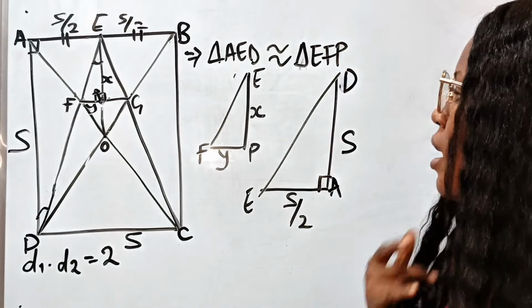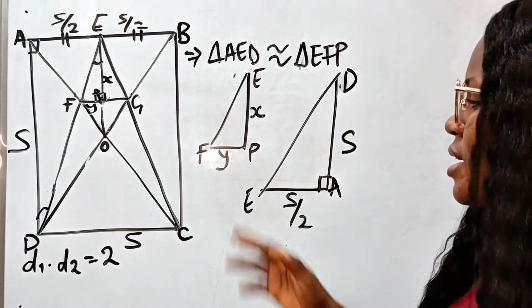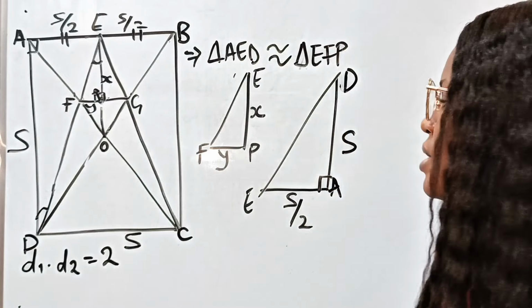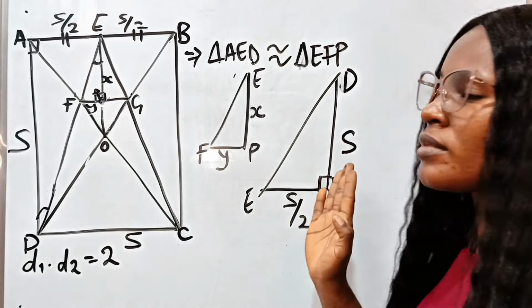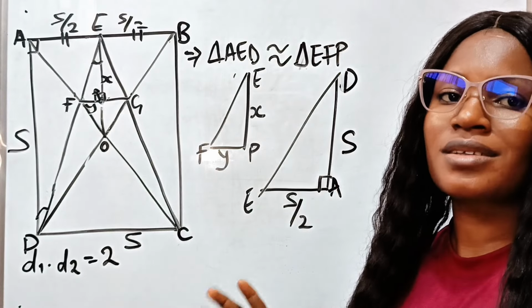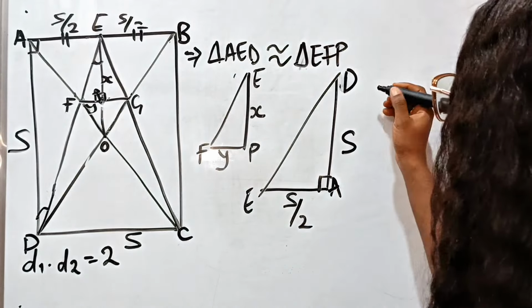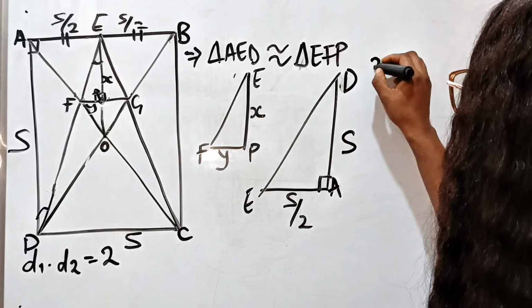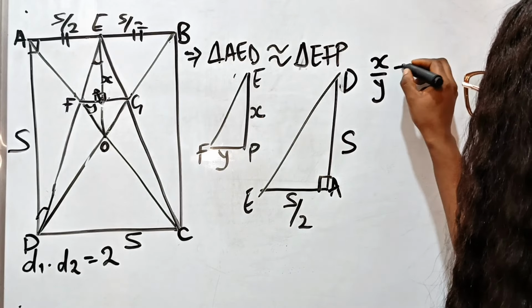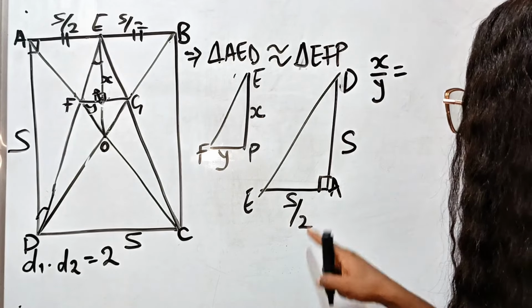Now, since they are similar, it simply means that the ratio of the corresponding sides are equal. So if I say X over Y, it should be equal to S over 2.